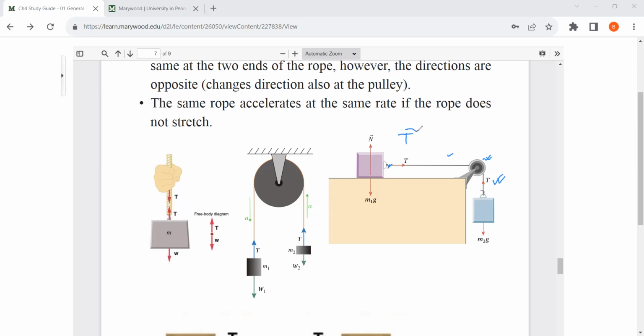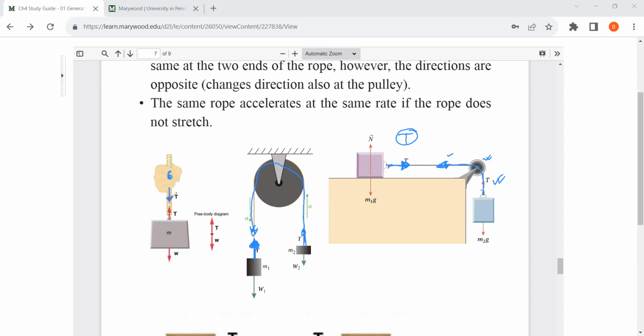If it is T, it should be T, but the direction should be opposite on the other end, so the direction should be this. The same thing here: this is the tension force at the other end. The T is the same, the magnitude should be the same, but the direction should be opposite. The same thing here, this is the other end, so the direction is this.